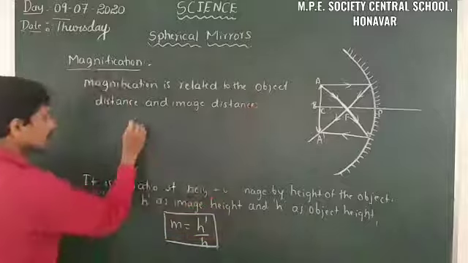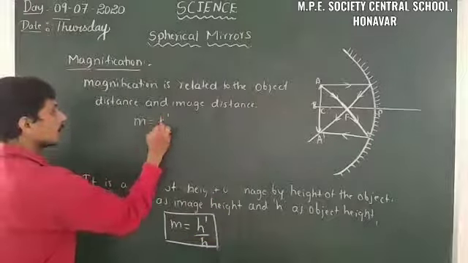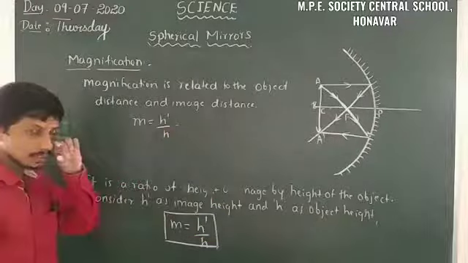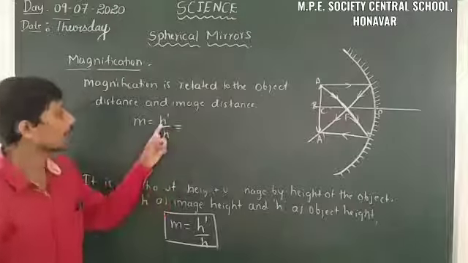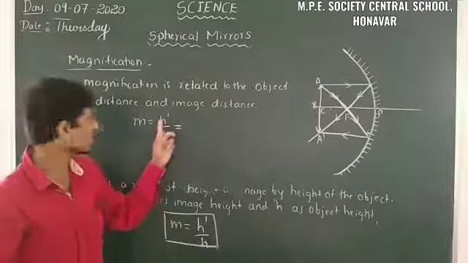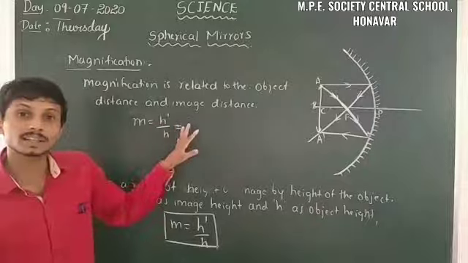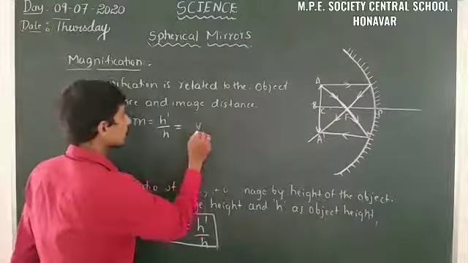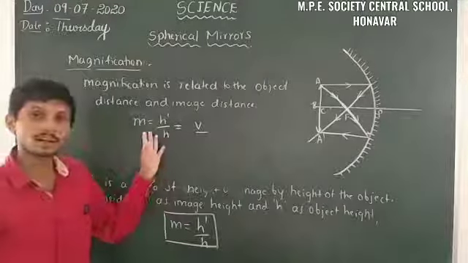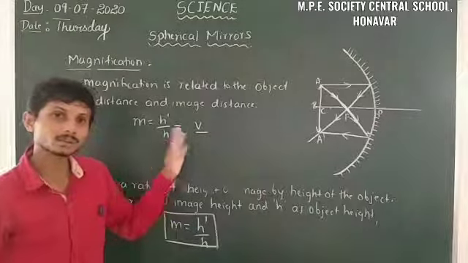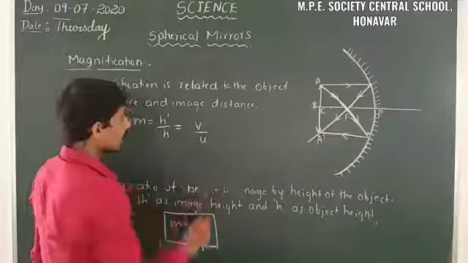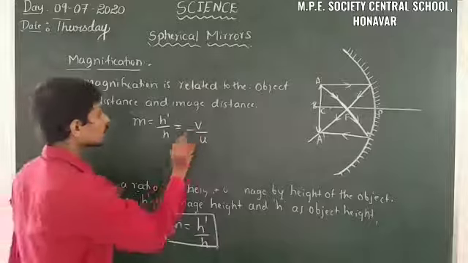Yes, we know m is equal to h dash by h. So I will convert the height of the image to the image distance, that is v, and convert height of the object to the object distance, and I will insert a negative sign here.